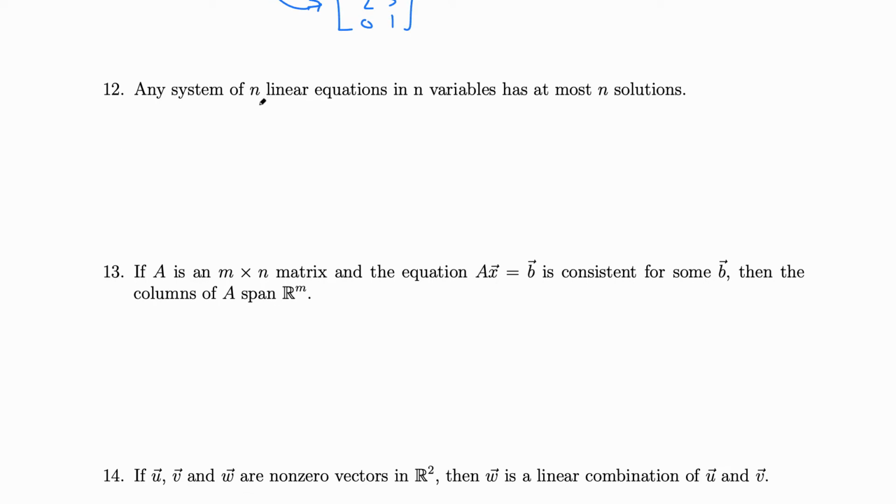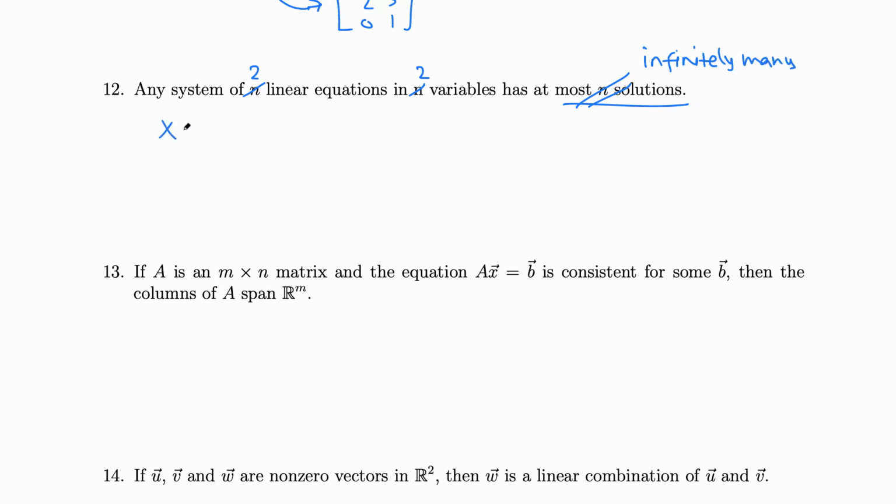Any system of n linear equations in n variables has at most n solutions. So let's say this is wrong. Not at most n solutions. We can have, in fact, infinitely many solutions. So I want to show this with 2, and not at most n. I want to show infinitely many.